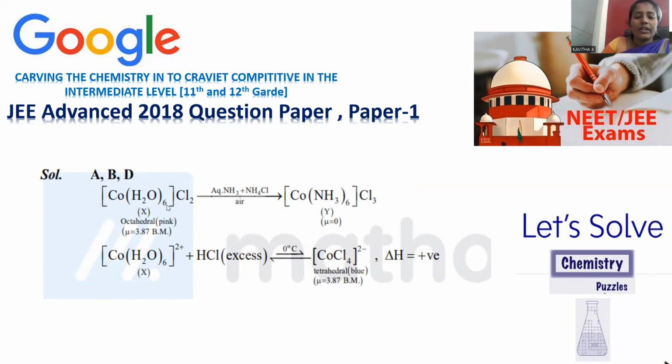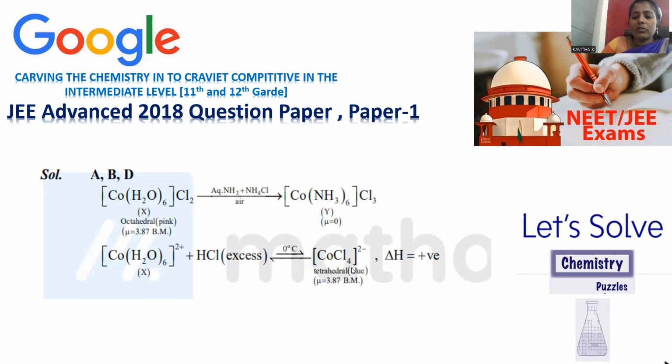And the starting material, the aquated cobalt complex, is now treated with hydrochloric acid in excess quantity, and 0 degrees centigrade temperature is to be maintained. Under that condition, cobalt hexaaqua is turned into cobalt tetrachloride, the chlorination being carried out at a lower temperature.